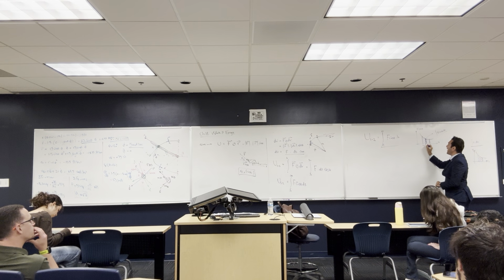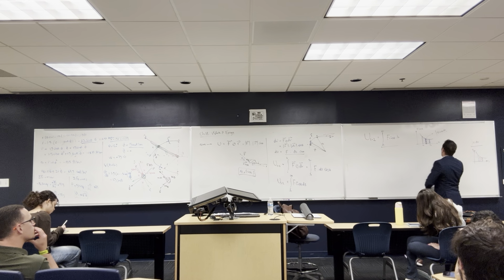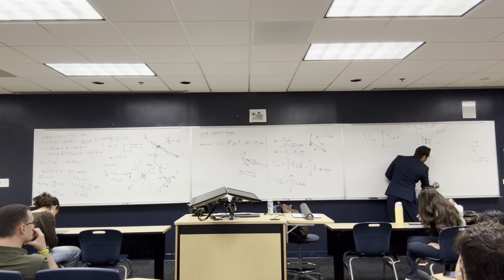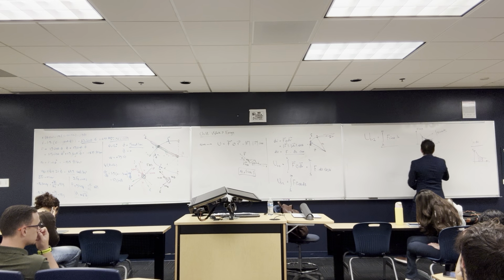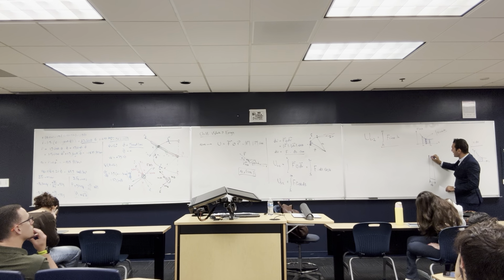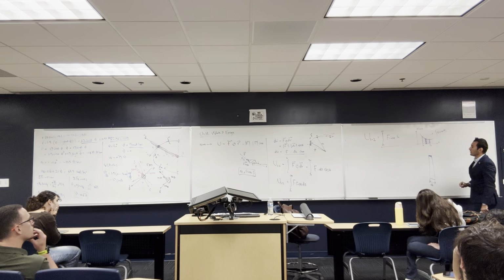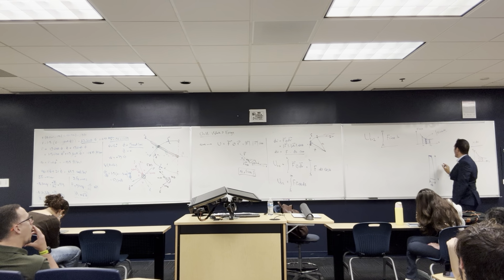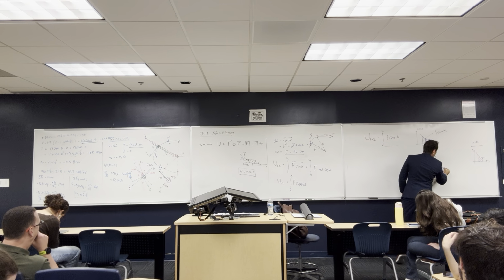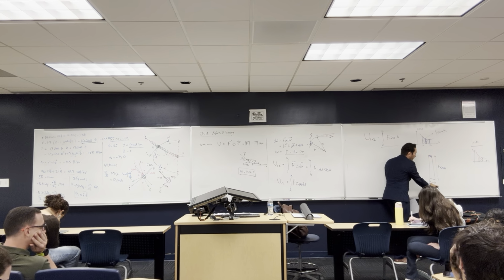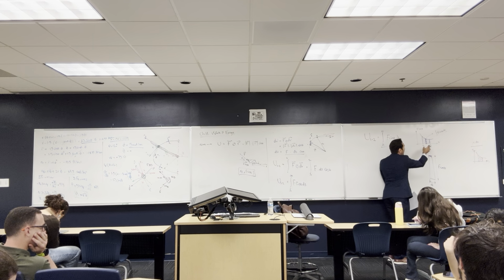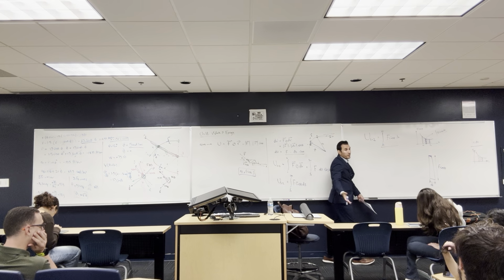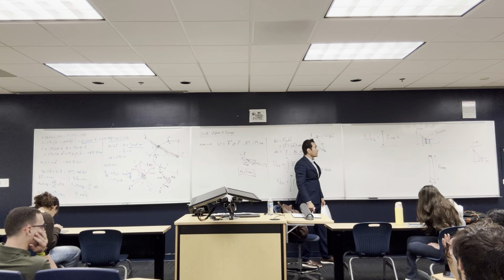This strip has a width of ds, and it has a height, which is f cosine theta. If you take the area of this, f cosine theta ds, and you integrate this strip from S1 to S2, you will get the area under the curve. That is the definition of the integration. Okay?